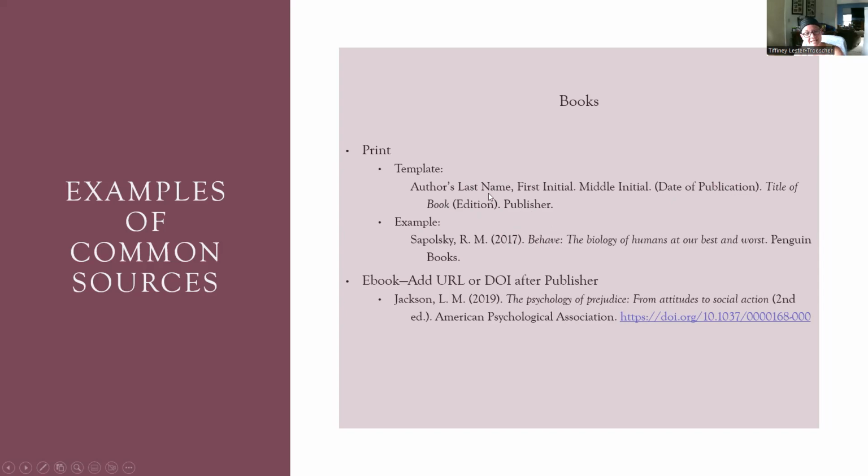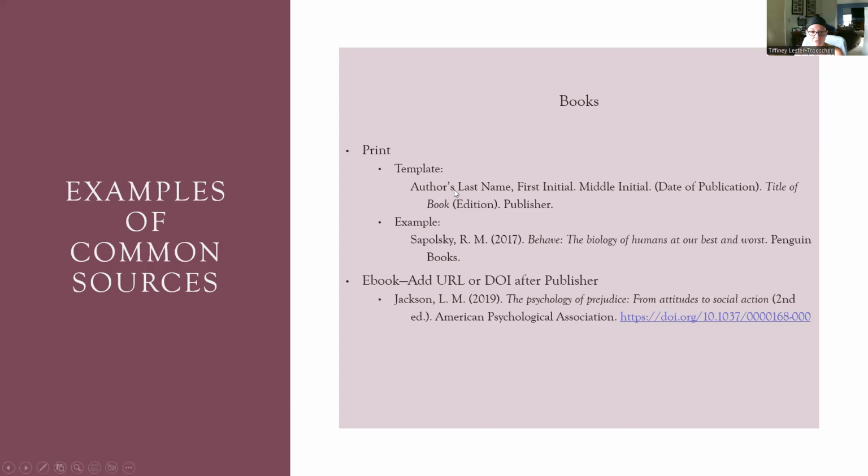So here's what that template shows us when we are using a real example. We are reading this book called Behave, The Biology of Humans at Our Best and Worst. It's written by R.M. Sapolsky. It was published in 2017, and it was published by Penguin Books. So now we look at the template and we just plug in the corresponding information.